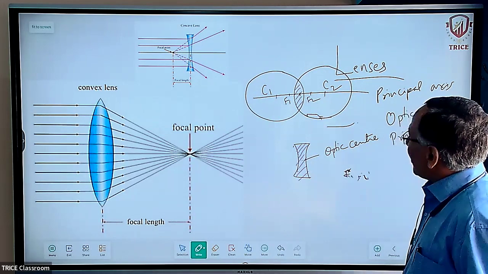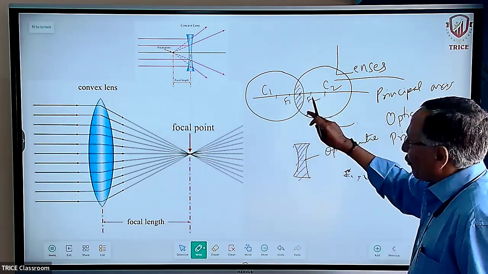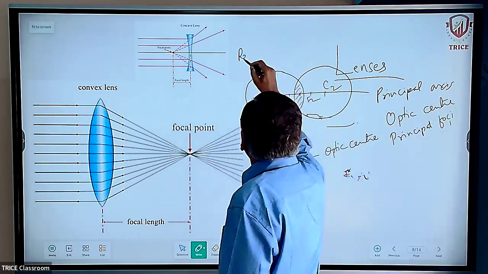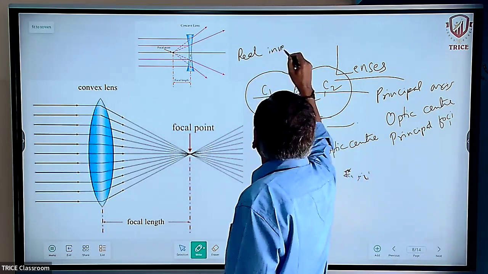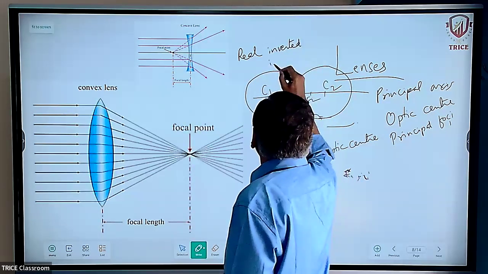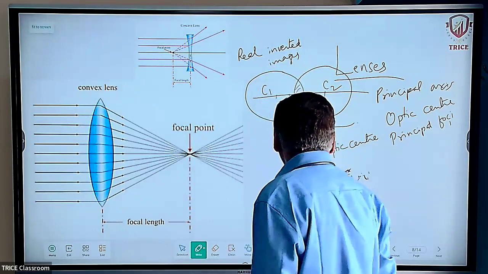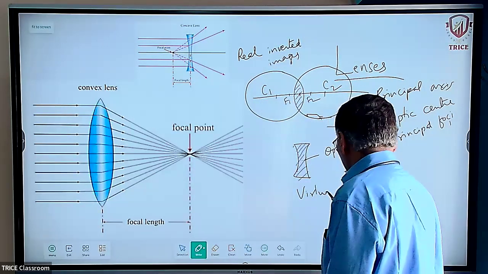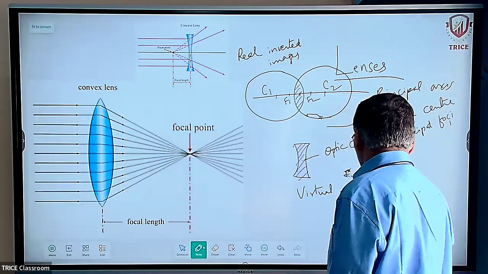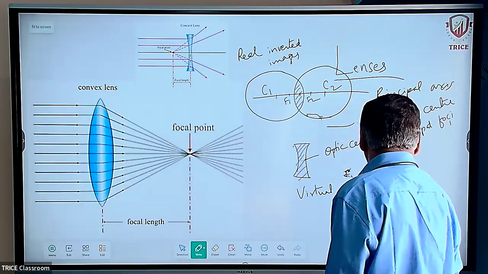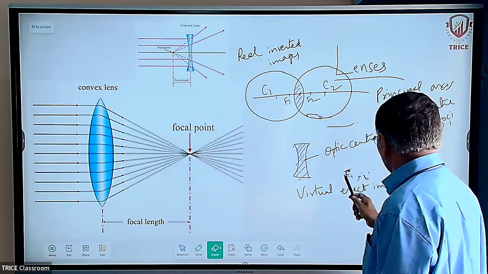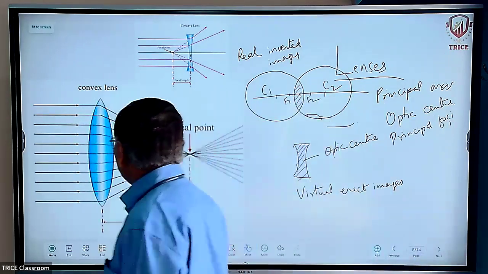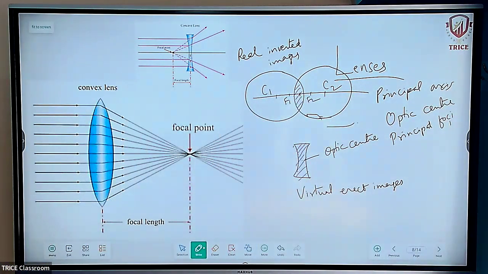Right? And always in a convex lens, we have real inverted images, whereas in a concave lens, we have virtual erect images. See here, this is a convex lens.